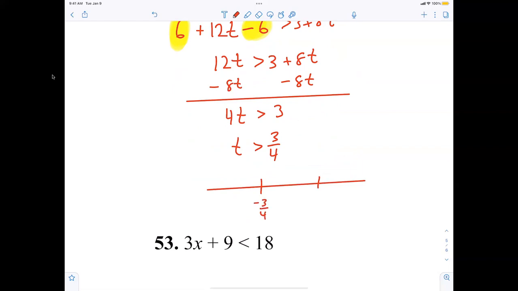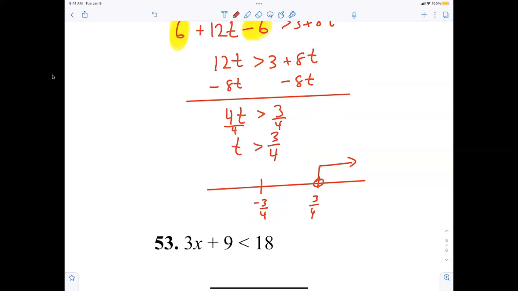It'd be an open circle, going which direction? An open circle going to the right. Very good. Uh-oh, we got a problem up here. You always divide by the number in front of the variable. That's why it always ends up on the bottom. You with me?